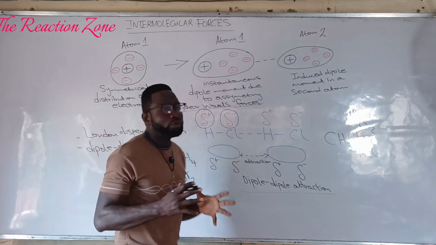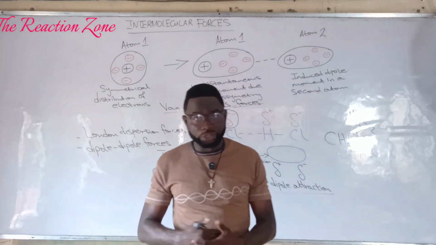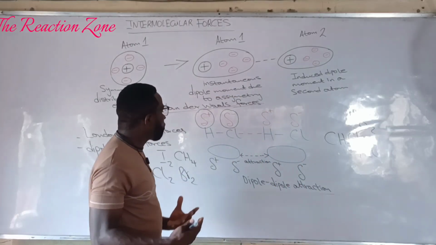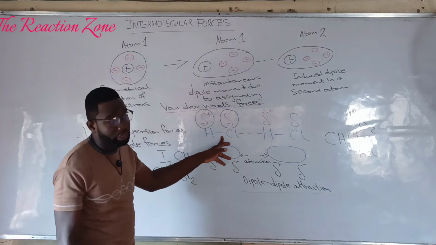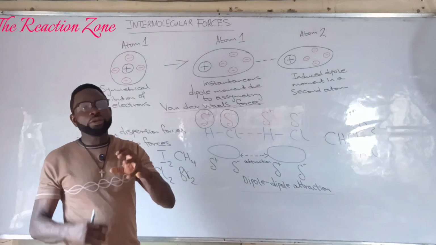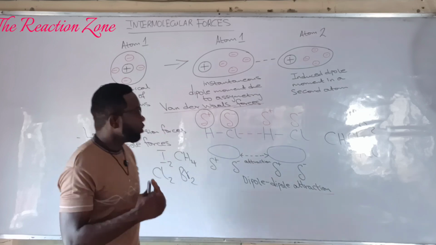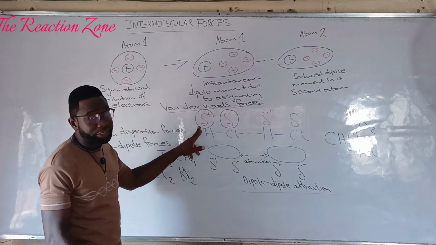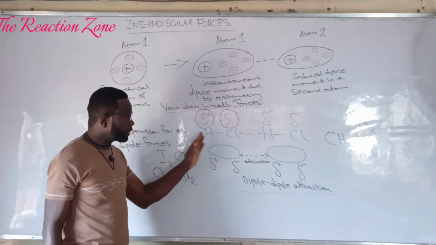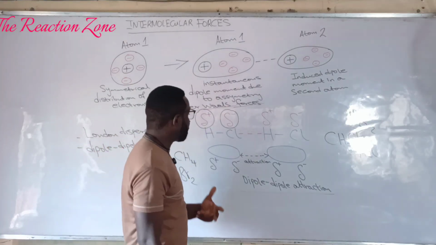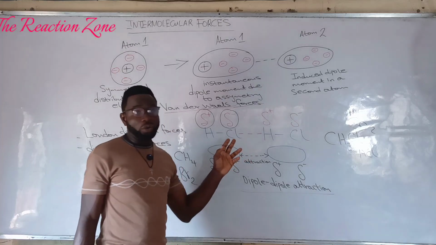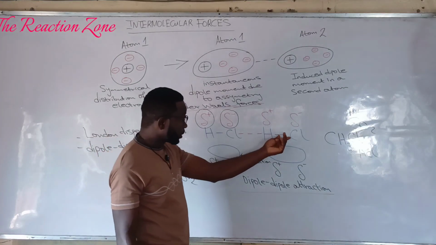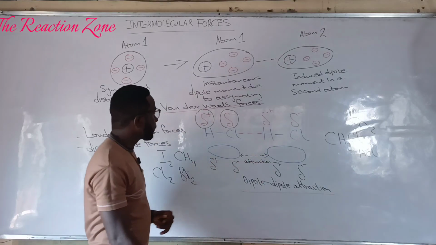A hydrogen chloride molecule is a polar covalent molecule. It is polar covalent because there is an unequal sharing of the bonding electrons. And this unequal sharing of the bonding electrons results in one end of the molecule having a partial positive charge, which you can see on hydrogen, and a partial negative charge, which you can see on chlorine. So you can see that in this HCl molecule and in this other HCl molecule that is here.